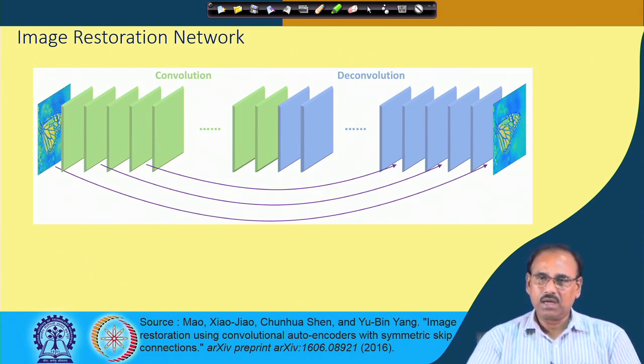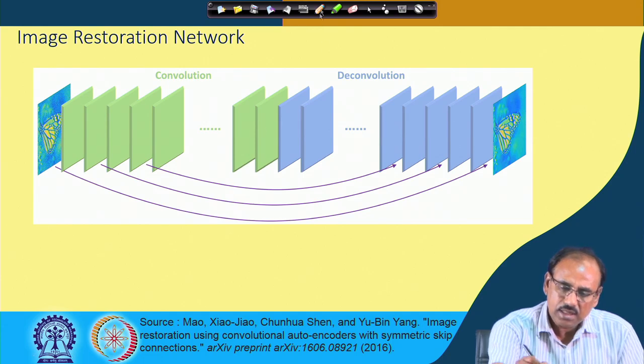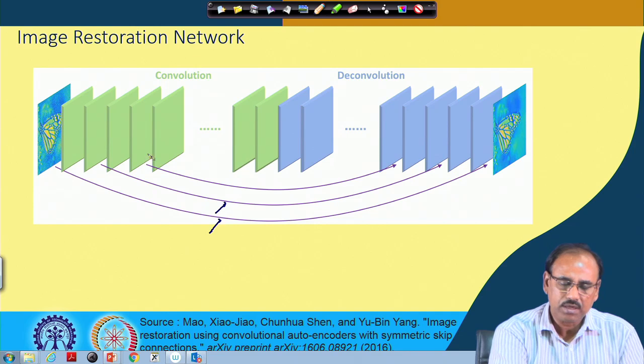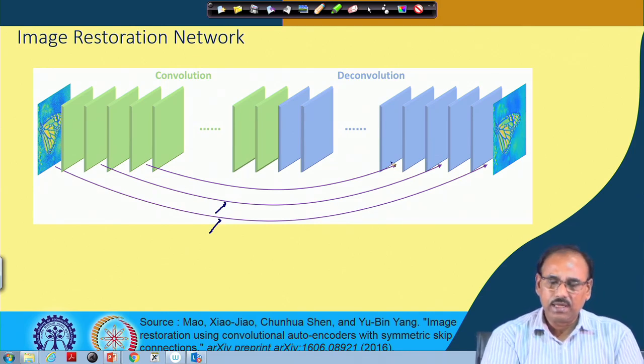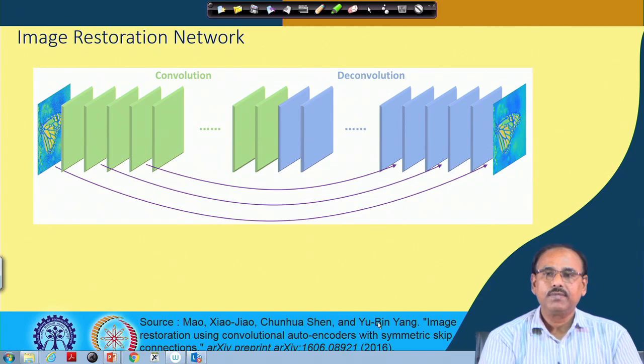That is, from a convolution layer, you can directly feed the output of the convolution layer to the corresponding peer deconvolution layer in the deconvolution part. These are the skip connections shown over here. So, this is in general the architecture of the network that is used for image restoration or noise filtering purpose.